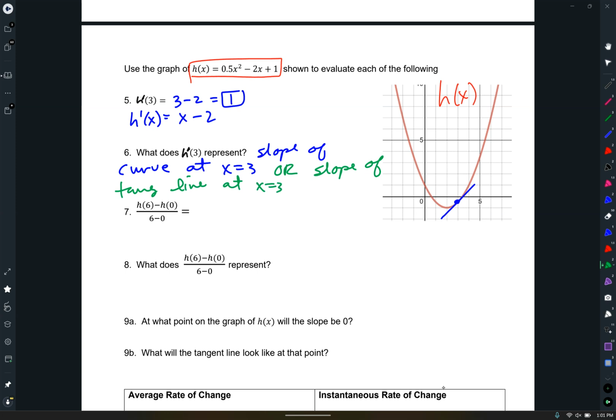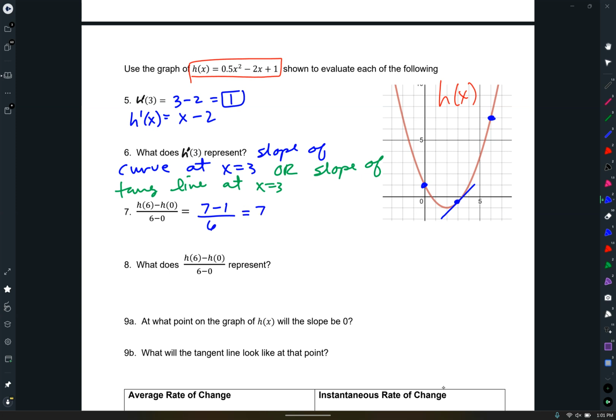Okay, number 7, now we kind of talked about this the other day. What's the difference between that and, look here, h of 6 minus h of 0? H of 6 means the y value at 6. Let's see, here's 6, that looks like that point. Here's 0, that looks like that point. So h of 6 would be 7 minus h of 0 would be 1, all over 6 minus 0.